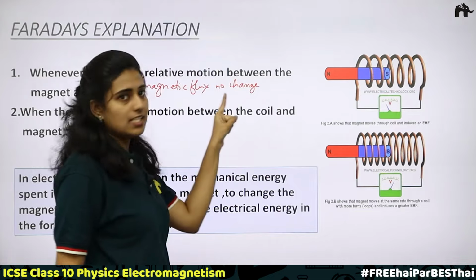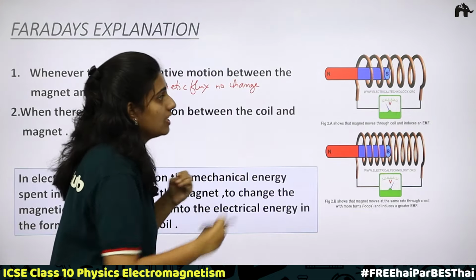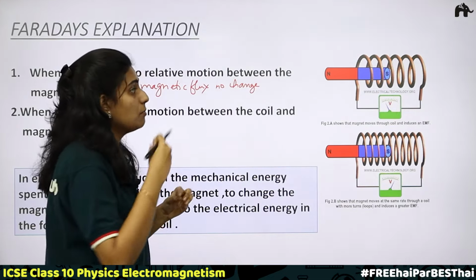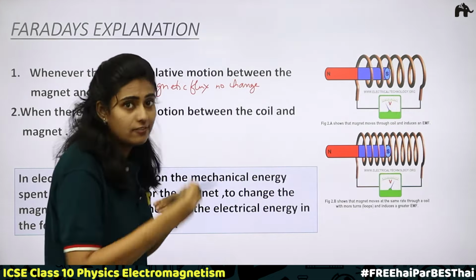The magnetic flux should either increase or decrease, that is, the number of magnetic field lines passing through the coil must increase or decrease. If there is no such change, there will be no change in magnetic flux, which implies there is no E.M.F. There is no voltage.